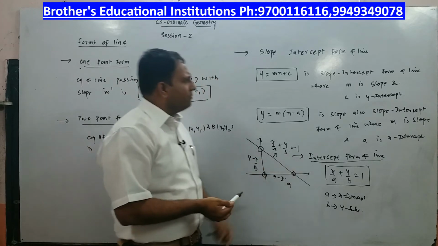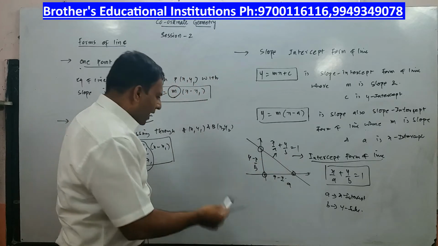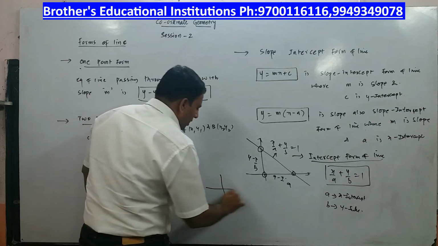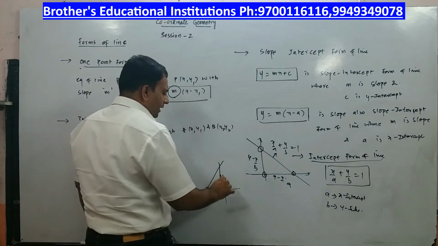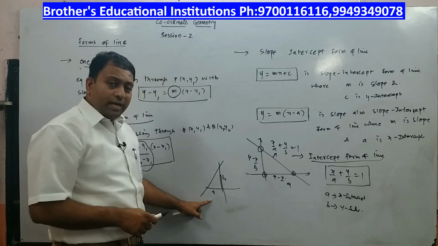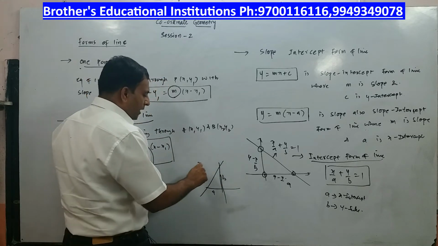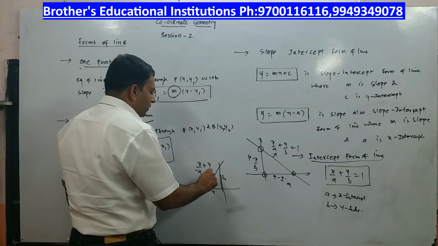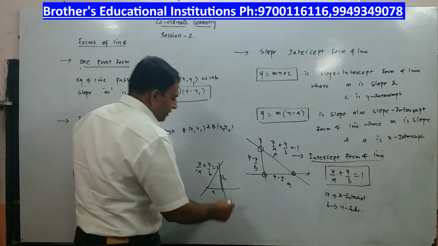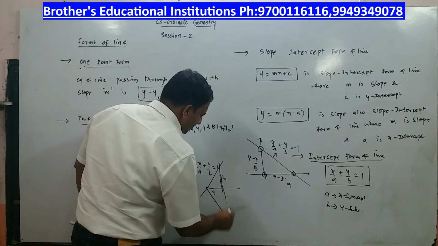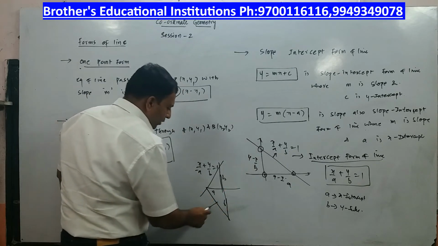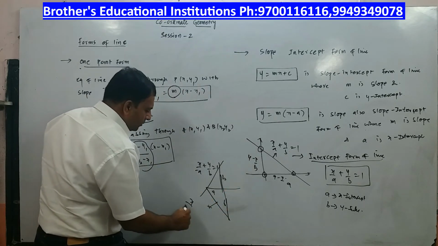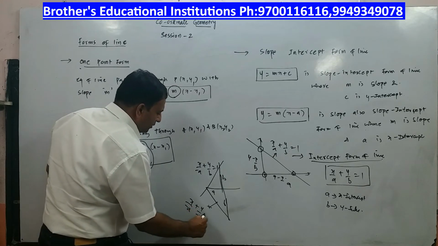Now there can be some variations in this. Like the straight line is cutting like this. X-intercept is a, y-intercept is b. But because it is on the negative side, the equation of the line will be x/(-a) + y/b = 1. If the line is cutting like this, same, negative x, so the equation of line will be x/(-a) + y/(-b) = 1.